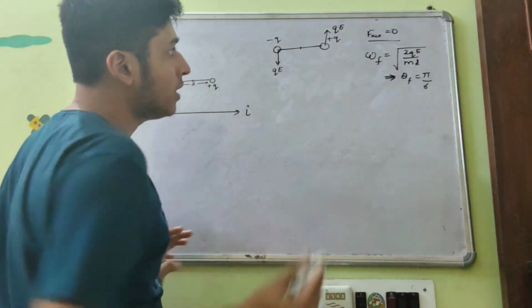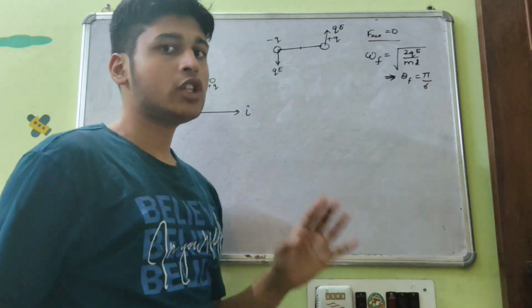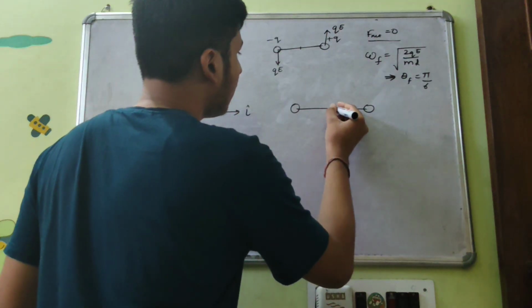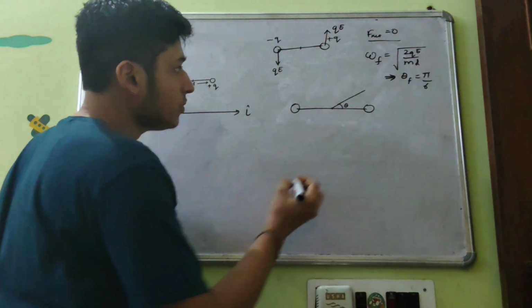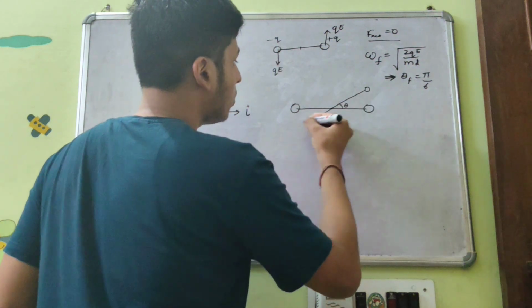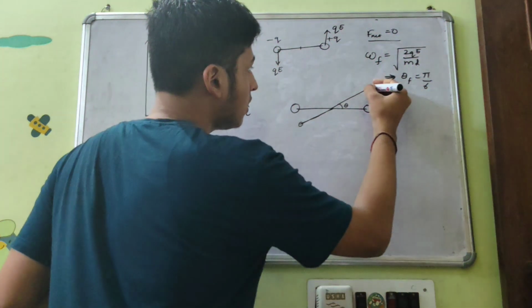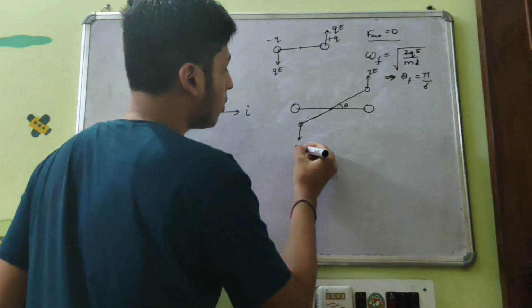While it will rotate, the torque about the center of the electric field will change continuously. So when it has rotated through an angle theta, it would be in such an orientation. This distance is d. The force here is QE upwards and here it's QE downwards.